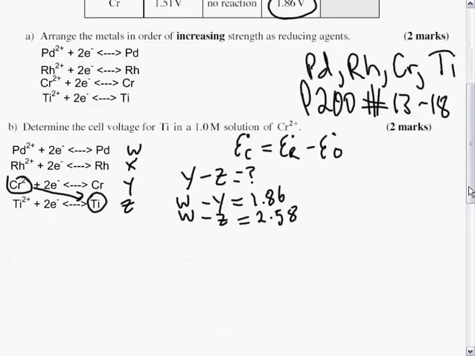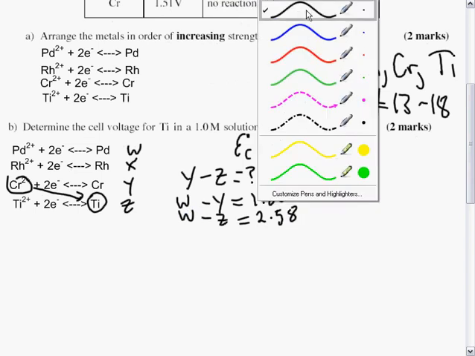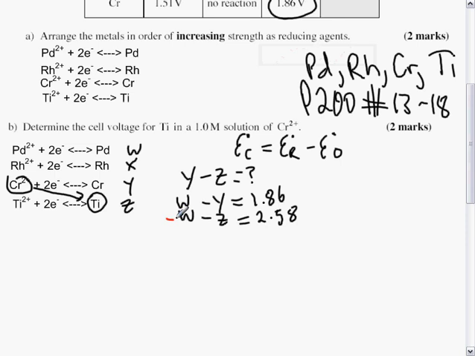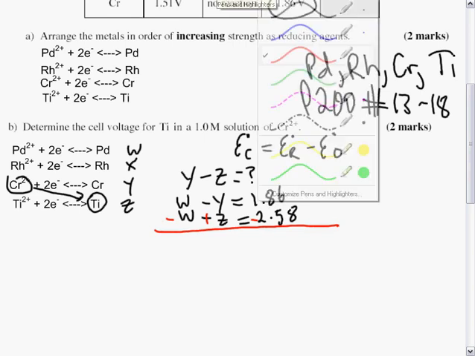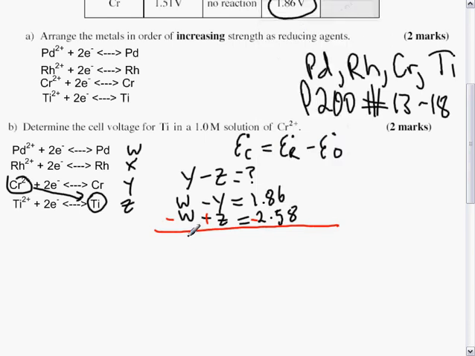We can then mathematically multiply either one of these reactions by -1. So this would become minus W plus Z and minus 2.58. Add that together. So we get Z minus Y is equal to 1.86 minus 2.58.